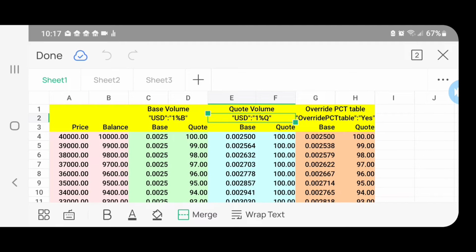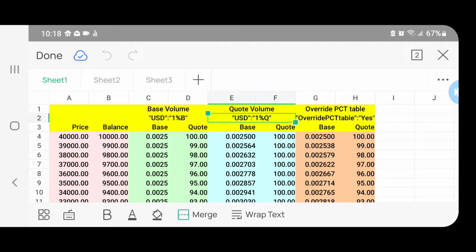The differences between base currency volume and quote currency volume are really a matter of risk management. Each has its place, and one isn't better than the other. It's just a matter of how you look at your risk and what you are trying to achieve. Each has its place as well.